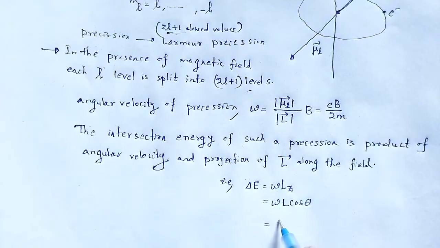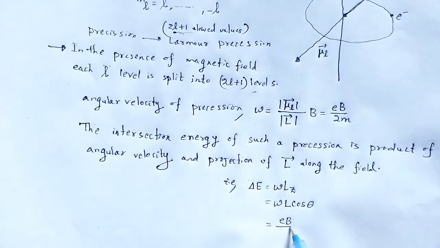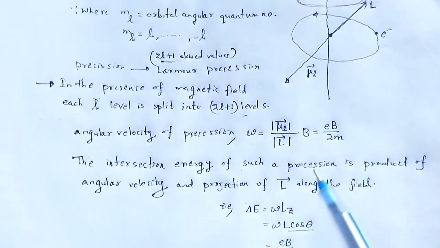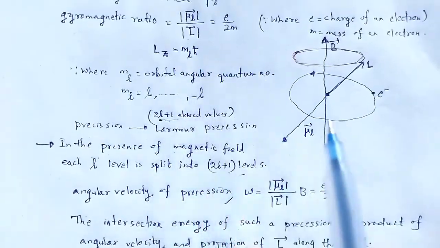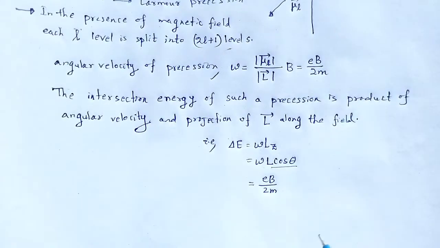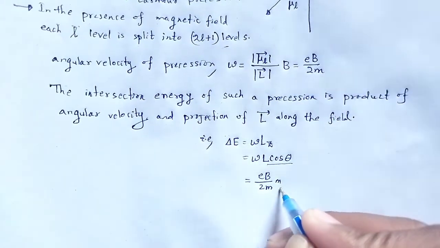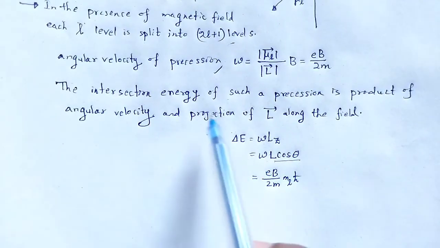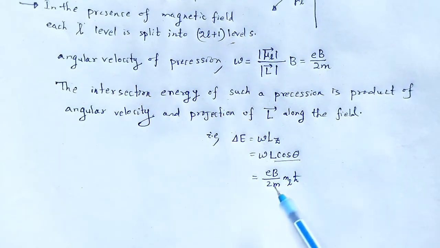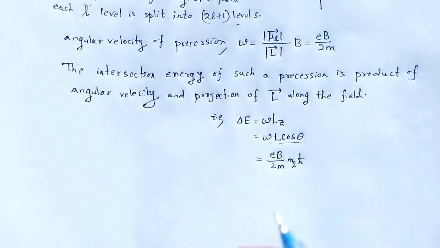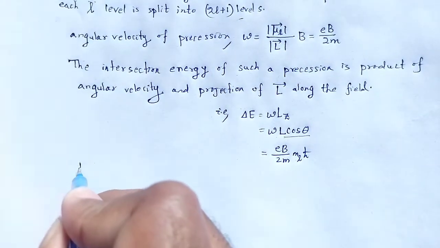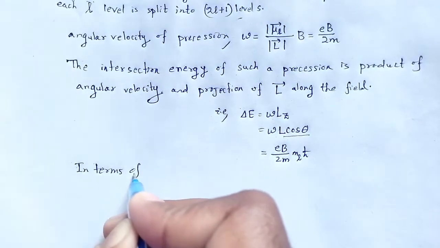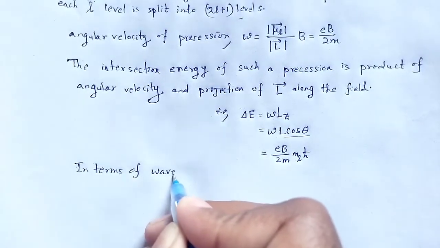So delta E is equal to eB divided by 2m times ml h cross. This is the interaction energy. Now, in terms of wave number, the interaction energy will be expressed in terms of wave number.